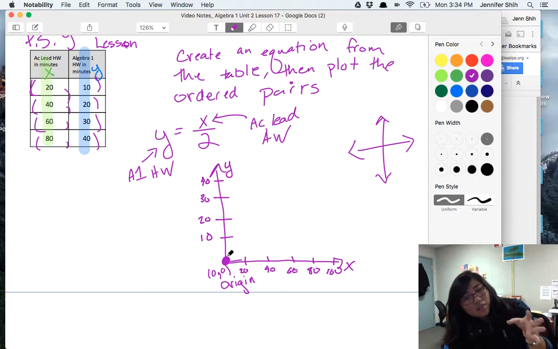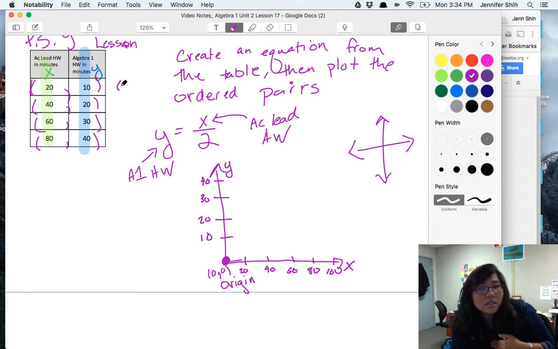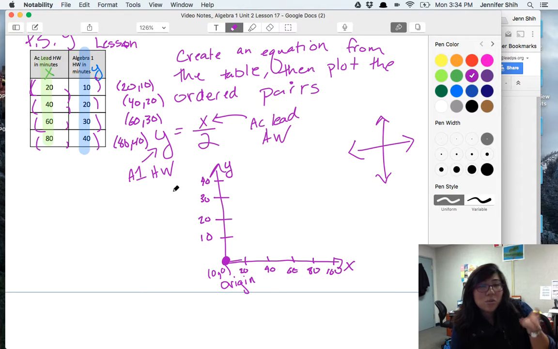The x and y scales are not spaced the same way: this little spot takes up 20 units and this spot takes up 10. But I can do that, because I can choose my scale for y. So I'm going to rewrite the coordinate points: 20, 10, 40, 20, 60, 30, and then 80, 40. And I'm going to plot these now.